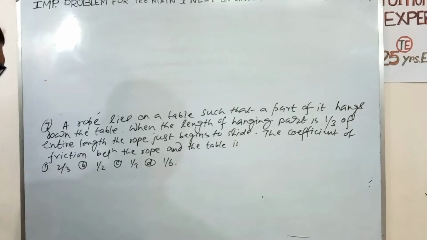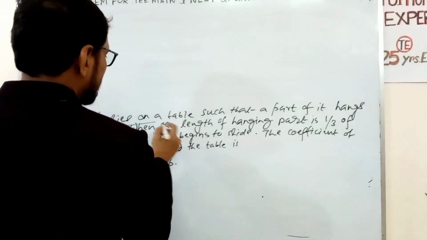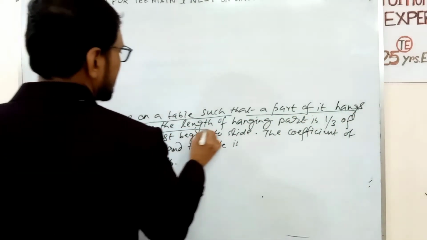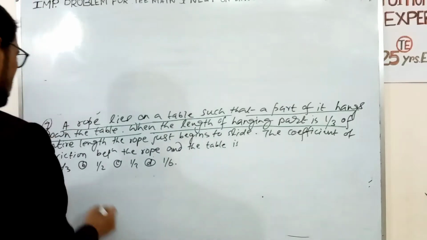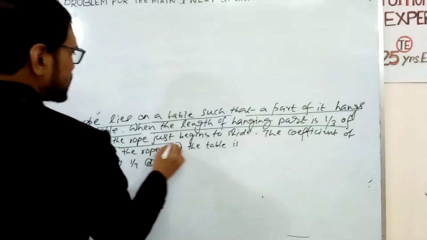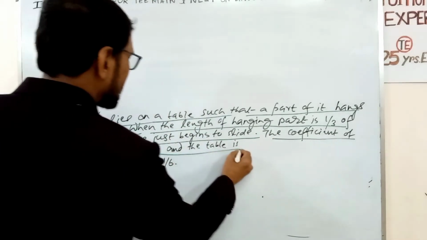The next question is: a rope lies on a table such that a part of it hangs down the table. When the length of the hanging part is 1/3 of the entire length, the rope just begins to slide. The coefficient of friction between the rope and the table is what?